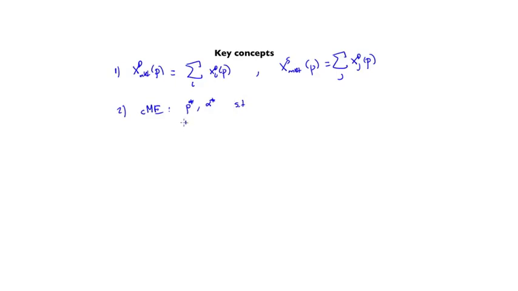First, A, every actor maximizes with respect to the price P star, and B, P star clears the market. What we mean by that is that the aggregate demand of the market at P star is equal to the aggregate supply of the market at P star. That is the key to computing market equilibrium.